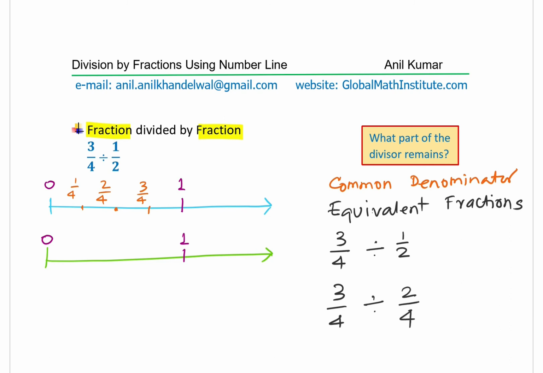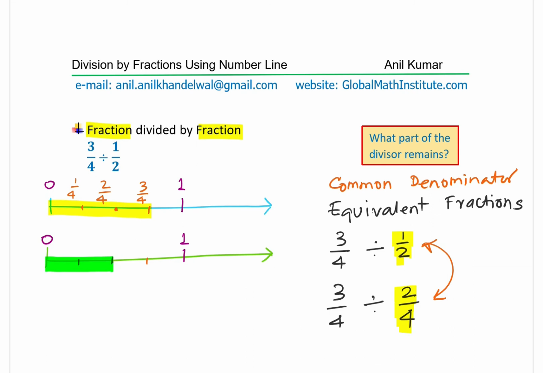So what we're trying to say here is that 1/2 and 2/4 are equivalent fractions. So these statements are actually the same statements. Correct? So it helps you to understand better. So a common denominator really helps. So in this particular case, 3/4 is being divided by 2/4. So the situation is that we have 3/4 and we are going to divide this by 2/4.